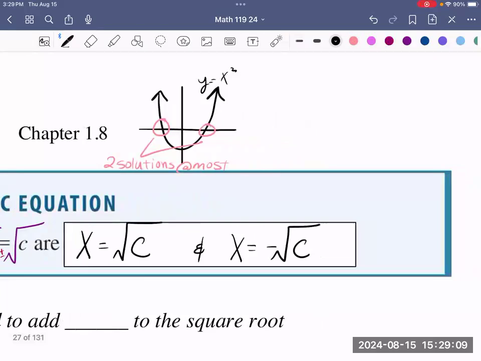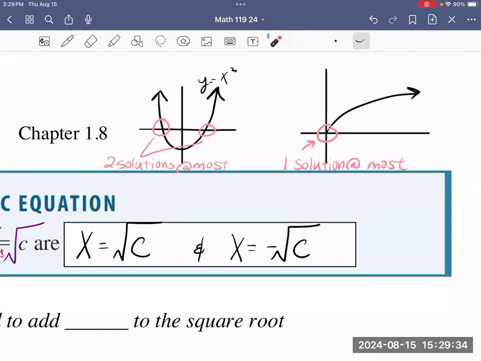However, when you square root, you might not know what a square root graph looks like, but they usually take on this shape where you only have how many x-intercepts? We only have one x-intercept or one solution at most.